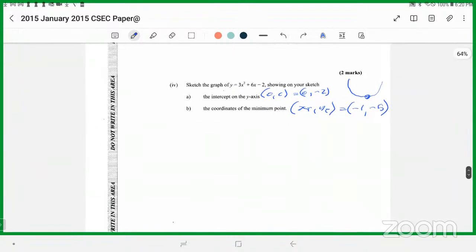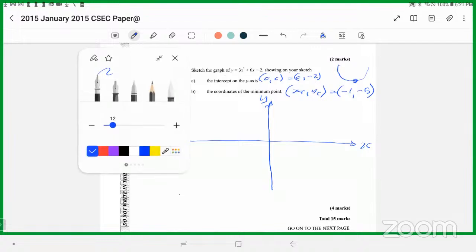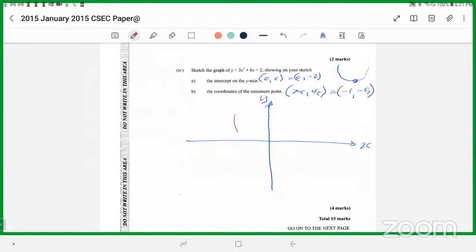All right, so let's sketch it now. Just a sketch, it doesn't have to be accurate. X-axis and y-axis. Let's sketch it in red. It's going to have a smile shape, but where does it turn? It turns at (negative 1, negative 5), somewhere under here.